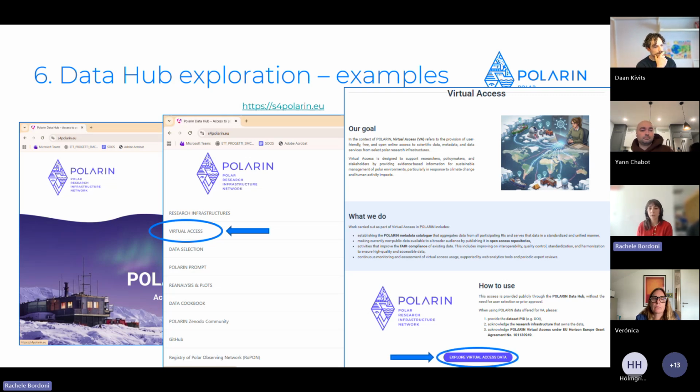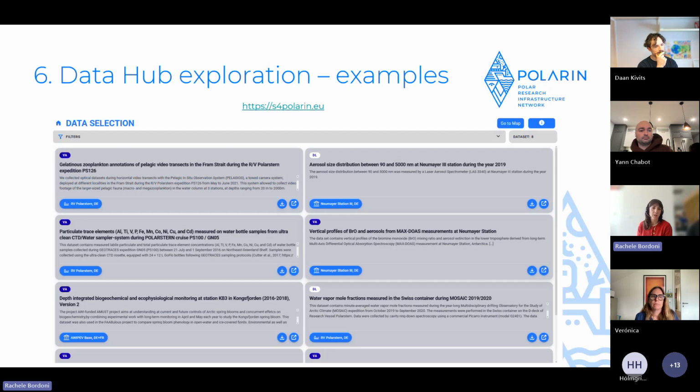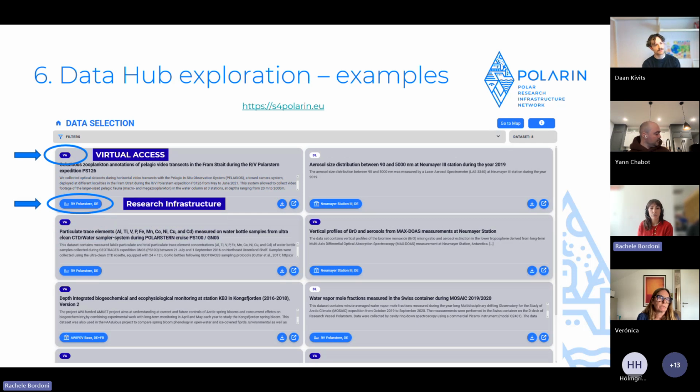And then you can explore the virtual access data. This is our data selection page. As you can see here, for each dataset, you have a card with some general information, for example the title and the abstract. Then you have the information on whether the dataset is coming from the virtual access or not, and which research infrastructure the dataset belongs to.